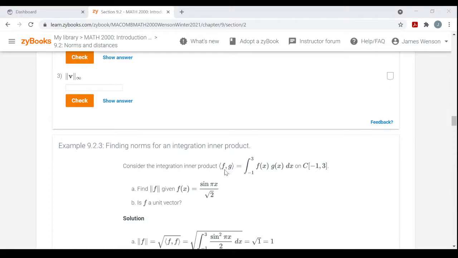So the inner product of any two functions from this space is the definite integral from -1 to 3 of their product with respect to x. So let's find a norm, and then they're asking, is f a unit vector? Is the norm of f 1? So I'll write this out as well.